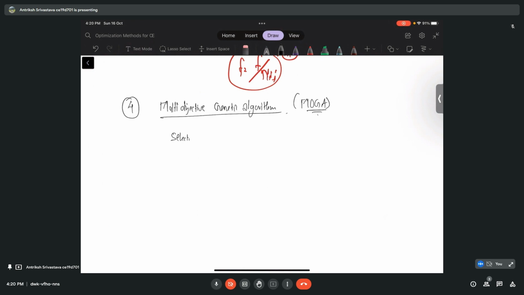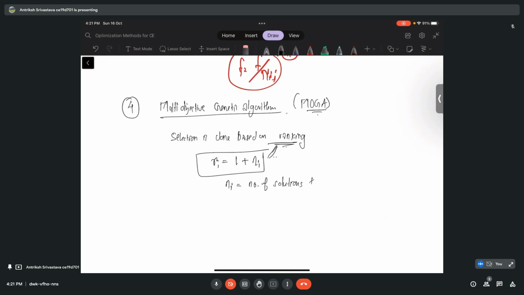So selection is done based on ranking, and the ranking of i is defined as 1 plus Ni, where Ni is the number of solutions that dominated the given solution.